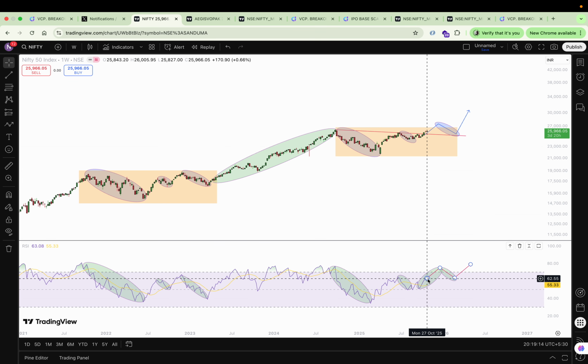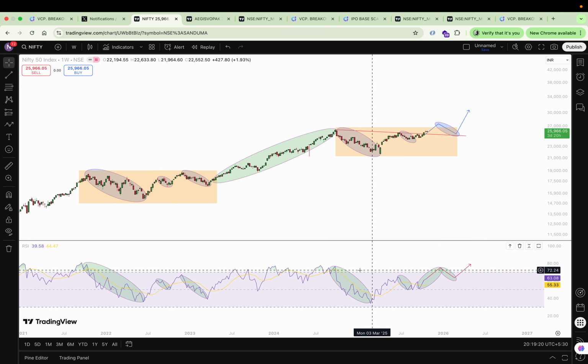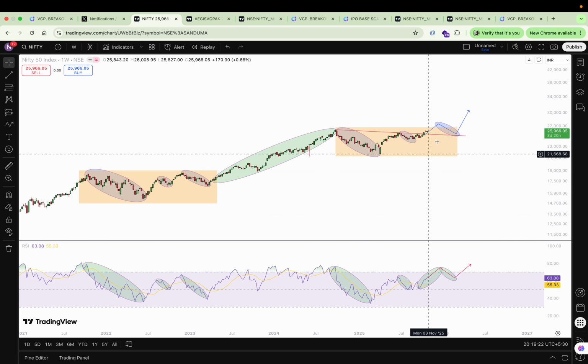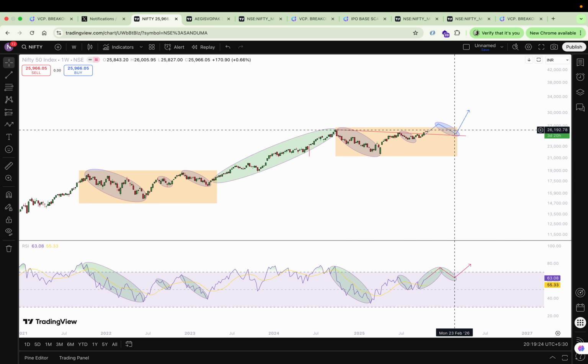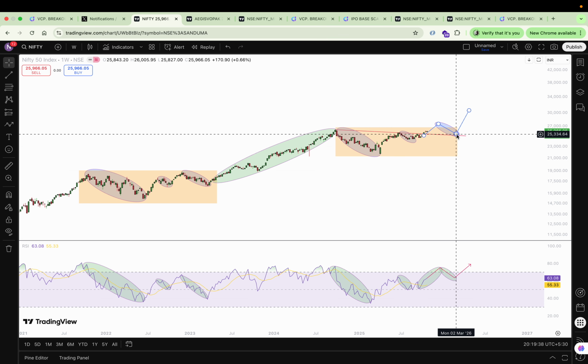Right now it is near 62, which is a bullish sign. Once it reaches 75, 80, that's when we may see a small correction. There's no exact timeline, but mostly by end of December or January, we may see some small correction.